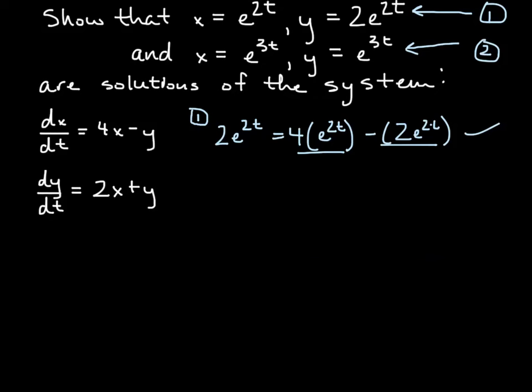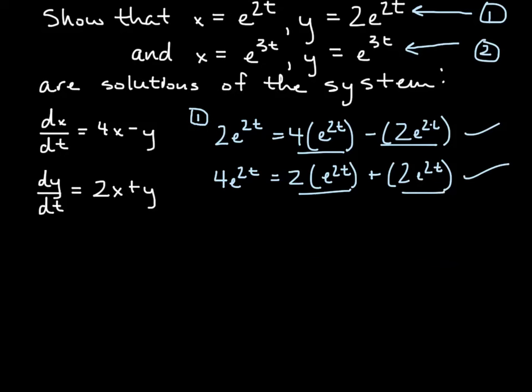So dy/dt is going to be, 2e^(2t) is our y, so the derivative would be 4e^(2t), equal to 2 times x, so 2e^(2t), plus y, and y is 2e^(2t). And you can certainly see we get 2 of these and 2 more, that would be 4, so this works out as well. So you can see our first option here is a solution to that system of differential equations.